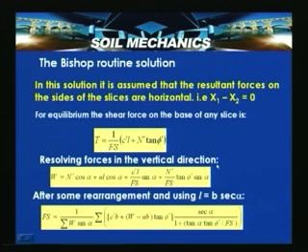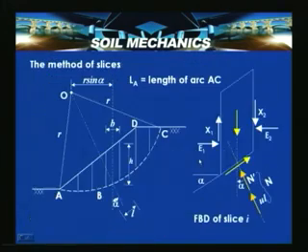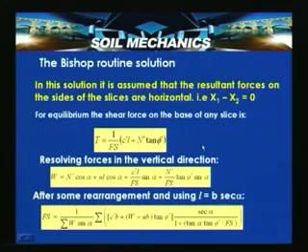Resolving the forces in the vertical direction, considering the equilibrium of the free body diagram of slice i, we get W, the weight of the slice, equal to N dash cos alpha plus UL cos alpha plus C dash L divided by factor of safety sin alpha plus N dash by factor of safety tan phi dash sin alpha.